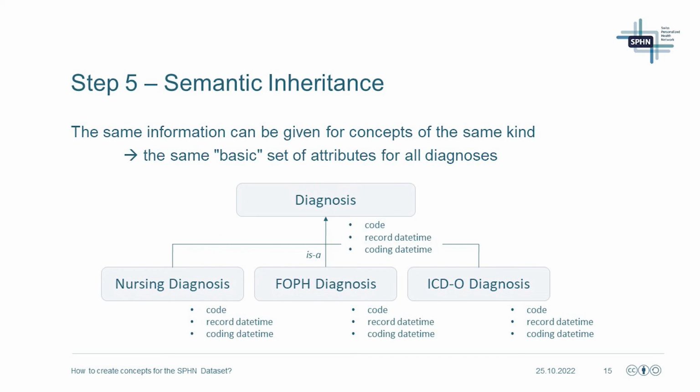All of them have a certain set of attributes in common. And for the diagnosis, the basic set is code, record datetime, and coding datetime. This is why we introduced a general concept diagnosis, and the specific diagnosis concepts such as nursing diagnosis, FOPH diagnosis inherit this basic set of attributes.